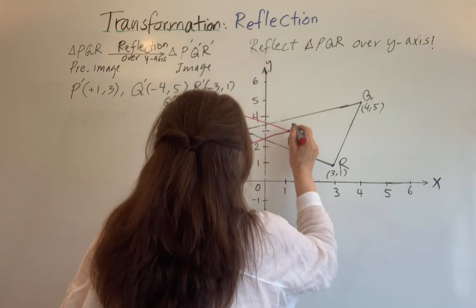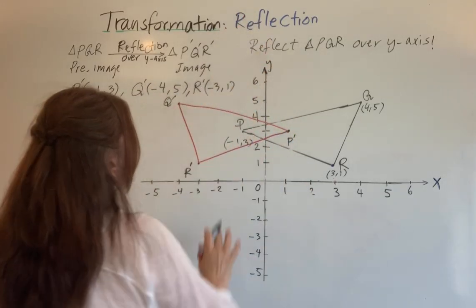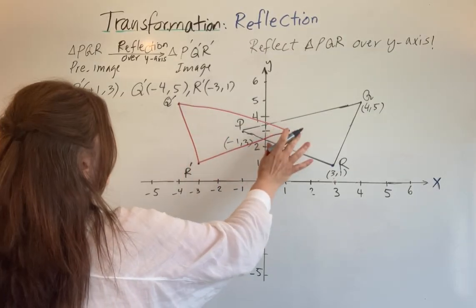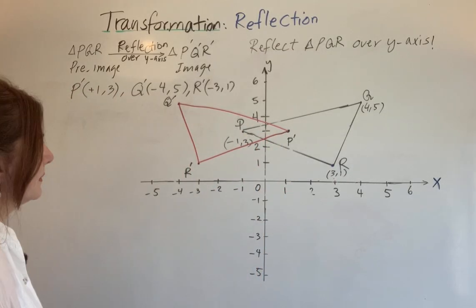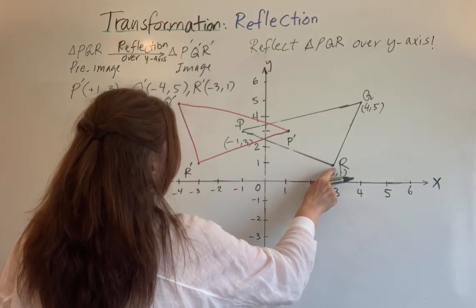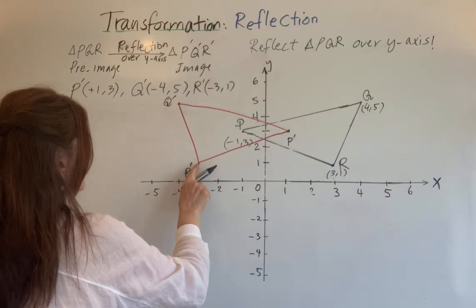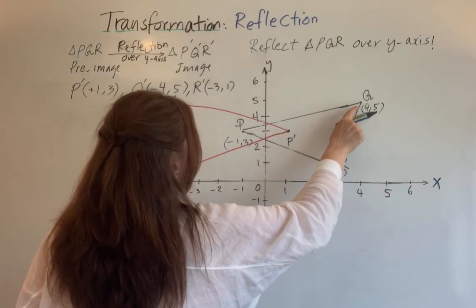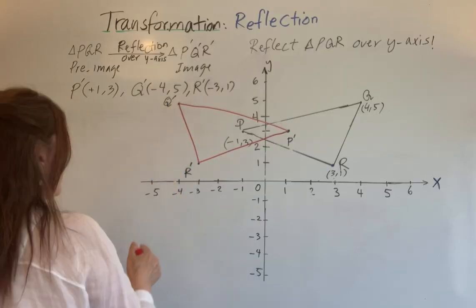Actually, this reflection preserves the length and the size of the two-dimensional shape here. You see that? It's supposed to be, because here from 3 to -3, from -1 to 1, 4 to -4.